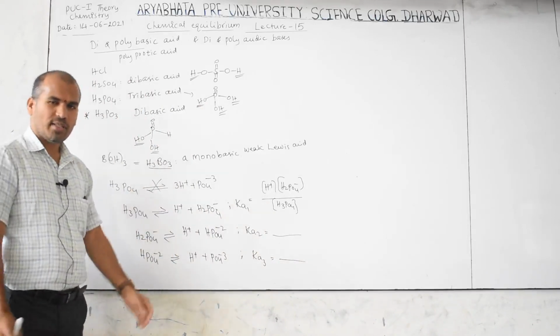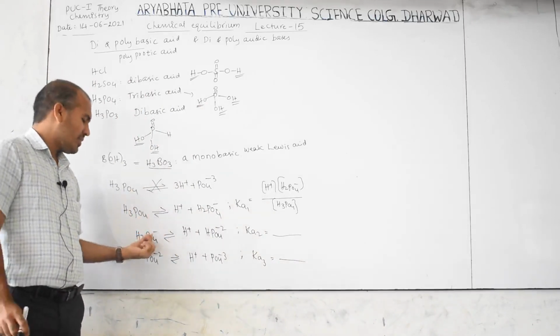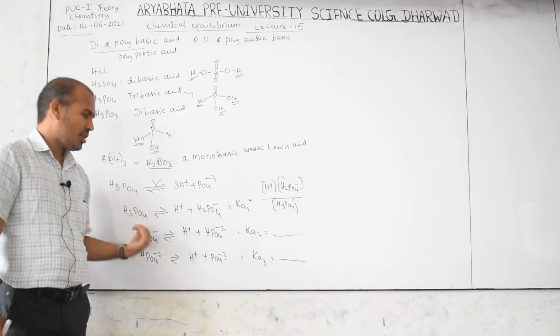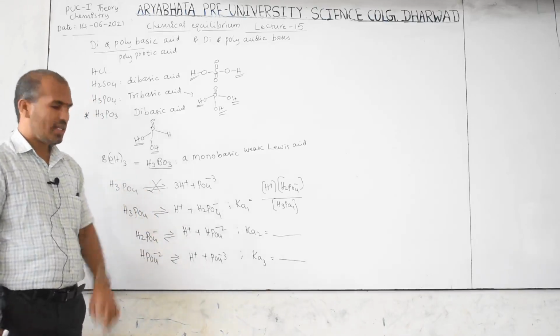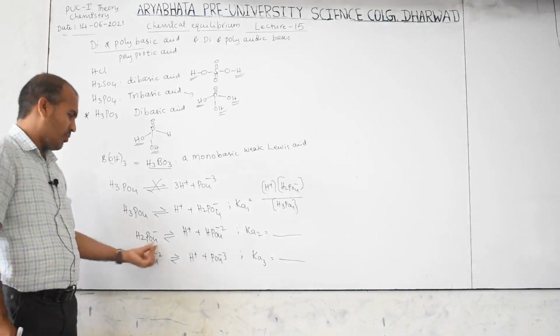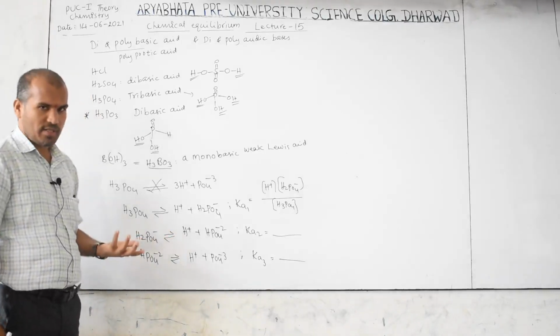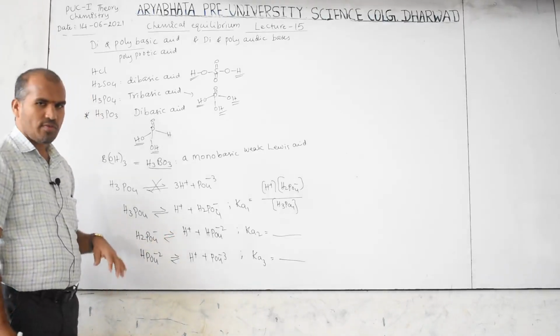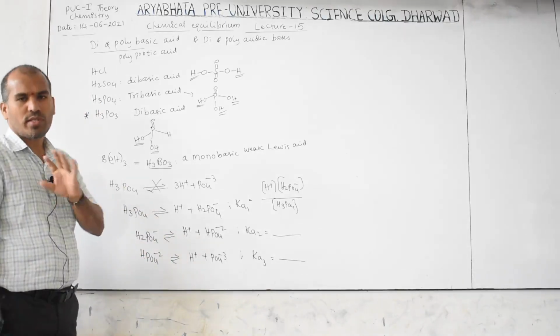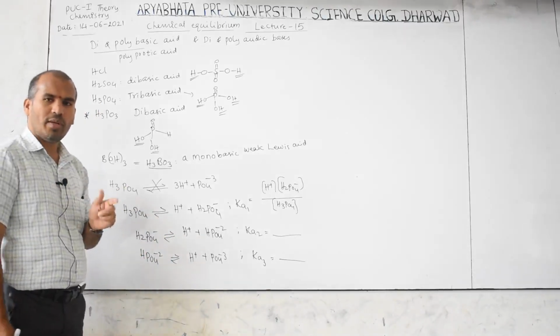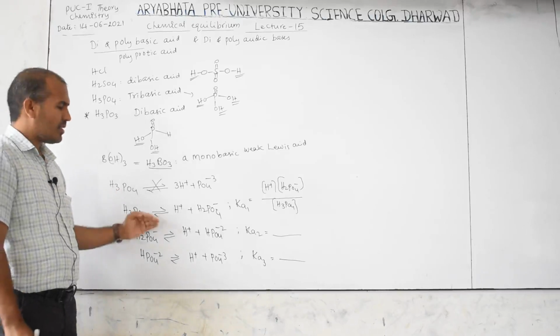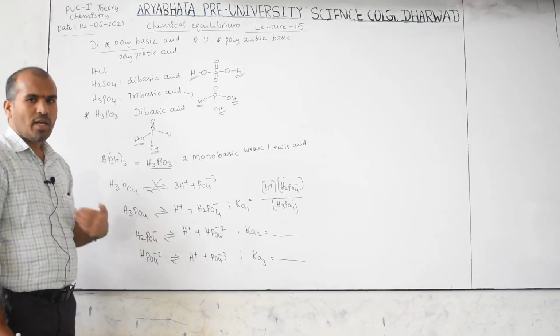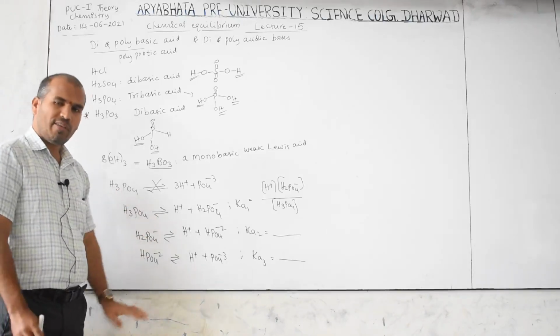But keep in mind that in the first step the loss of H plus is greater, and in the second and third steps the dissociation is very small, because from the second step we are removing H plus from a negatively charged species. Removing a positive from a negative is very difficult, because negative and positive attract. Therefore in the second and third steps removal of H plus is very difficult.